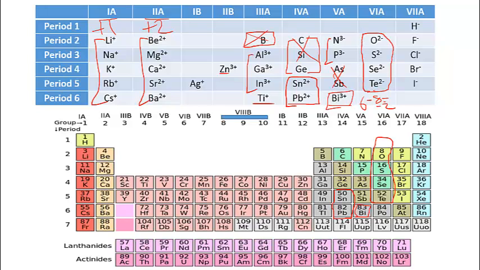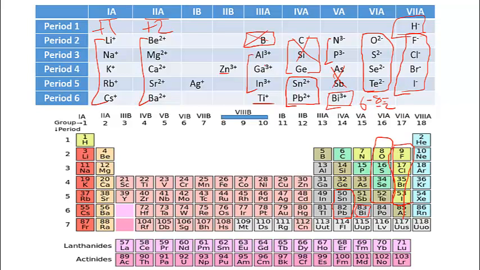So oxygen, sulfur, selenium, and tellurium all form -2 anions. And of course the halogens, which are group 7A on the periodic table, all form -1 anions. As well, hydrogen has the ability to form a -1 anion.